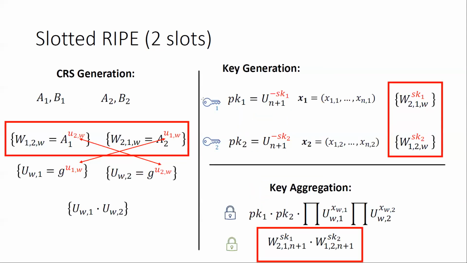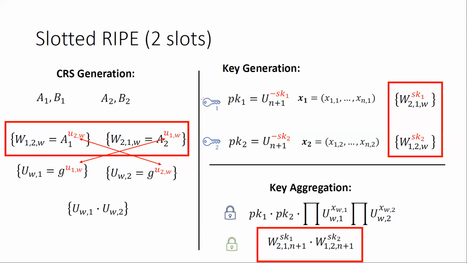Essentially, we introduce new cross terms. We are trying to relate the slot-specific values in the CRS together with the key-specific values of the CRS. We are raising them to the exponent of the other key-specific slots.